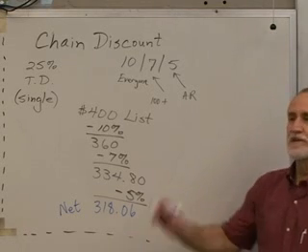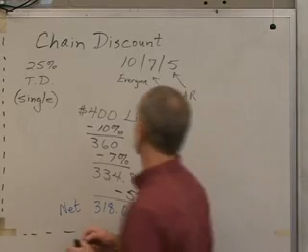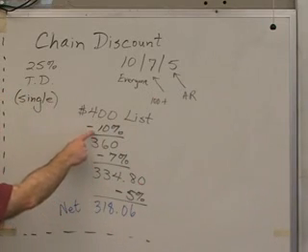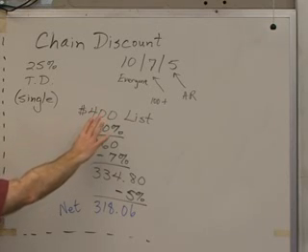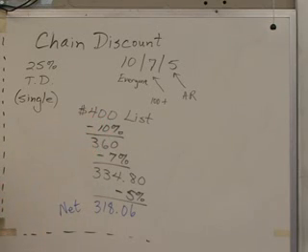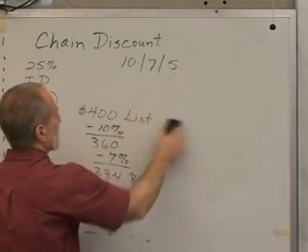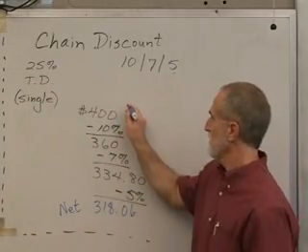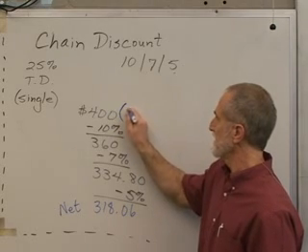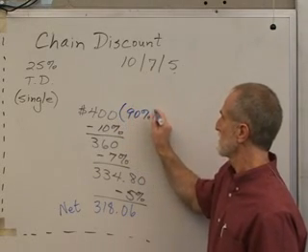Now, let's look at another way of looking at it. Instead of taking 10% of that, $40, and subtracting it, what could we multiply 400 by to get 360? We could multiply it by 90%, couldn't we?